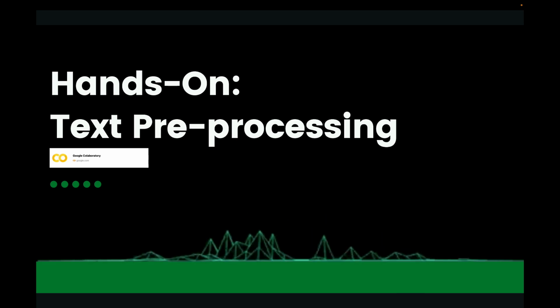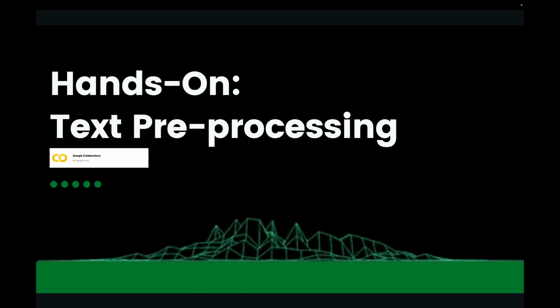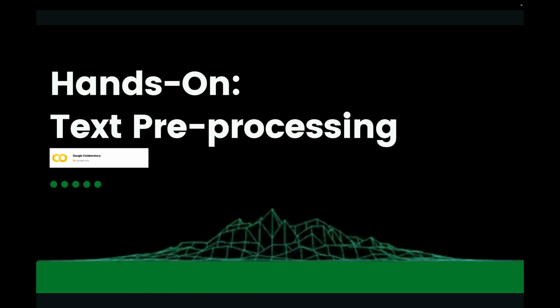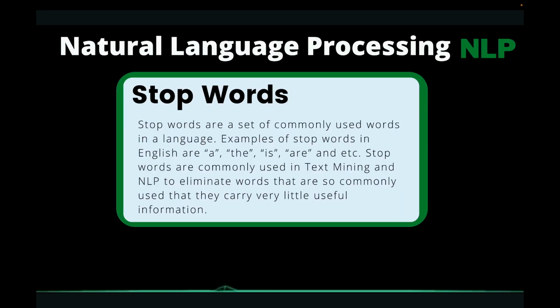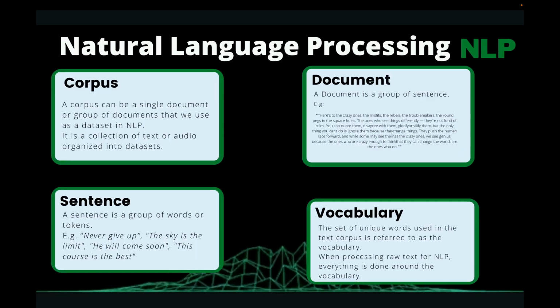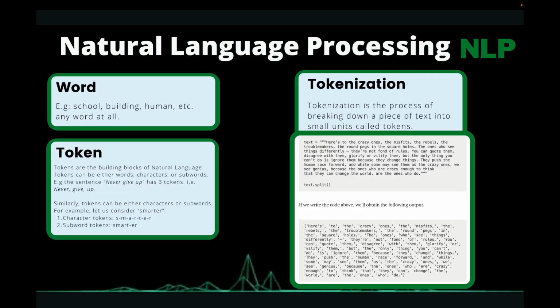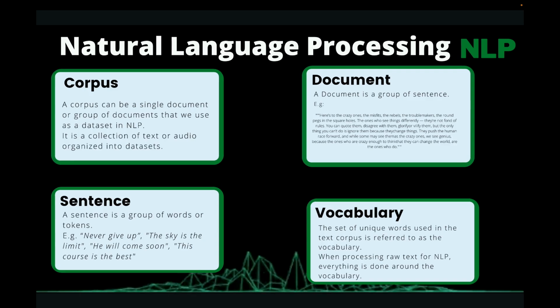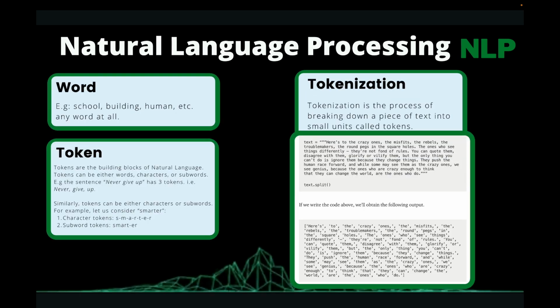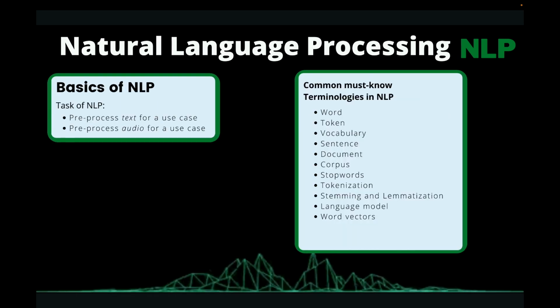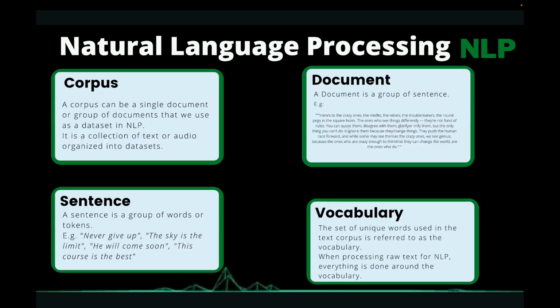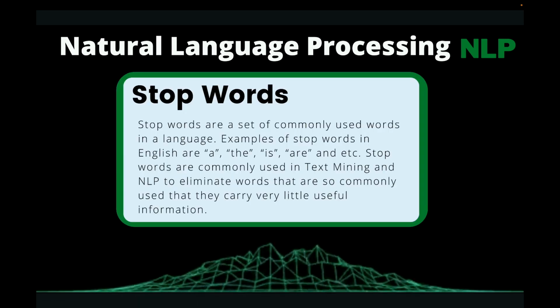We're going to have our first hands-on with the things that we have learned so far: the stopwords, the vocabulary, document, sentence, corpus, tokenization, word corpus. A lot of things that we have covered.